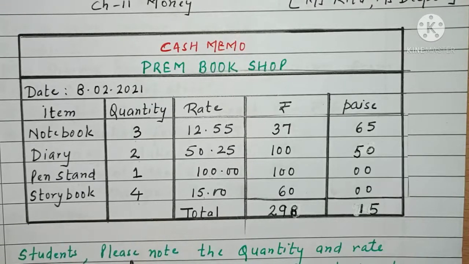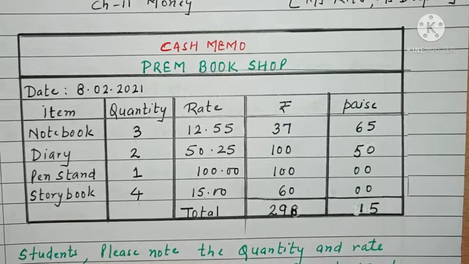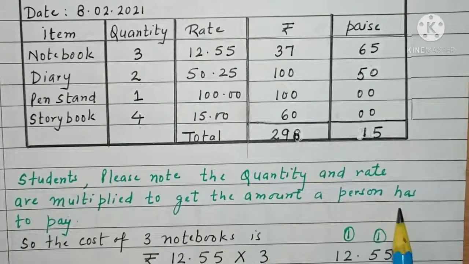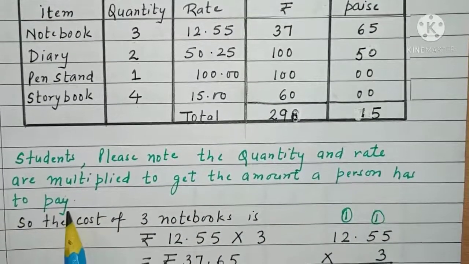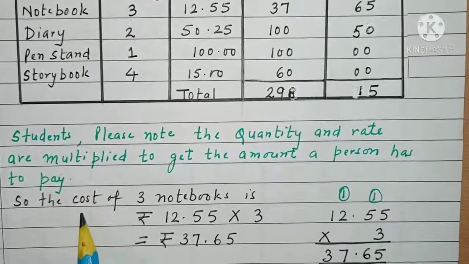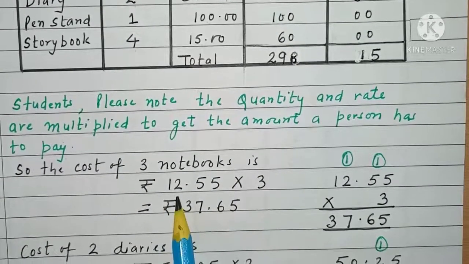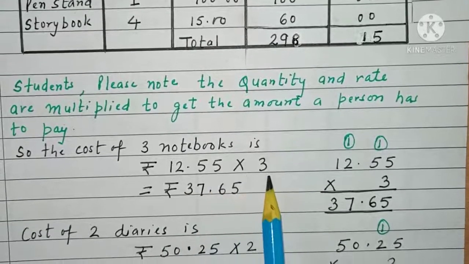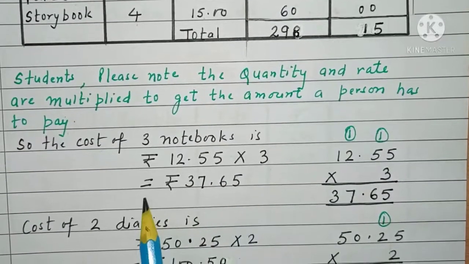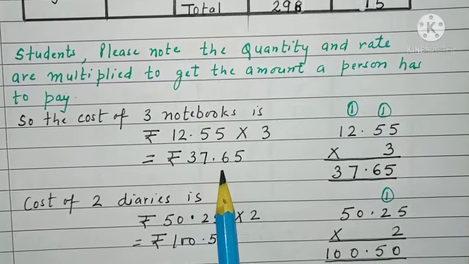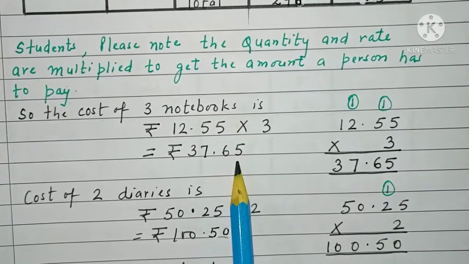Students, please note the quantity and rate are multiplied to get the amount a person has to pay. So, the cost of 3 notebooks is rupees 12.55 multiplied by 3, which is giving us the answer as rupees 37.65.